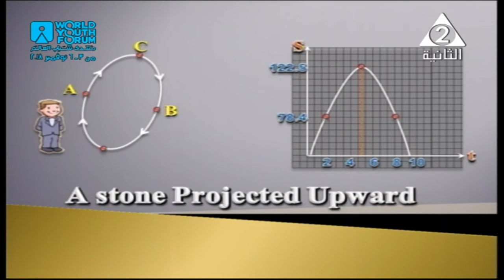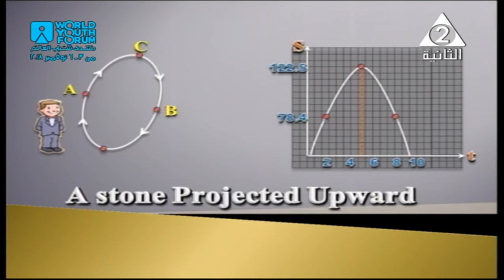When t equals 2, look at the point, the distance is 78.4. When t equals 8, my dear student, the distance is also 78.4. What is the difference between t equals 2 and t equals 8? Same distance. How?